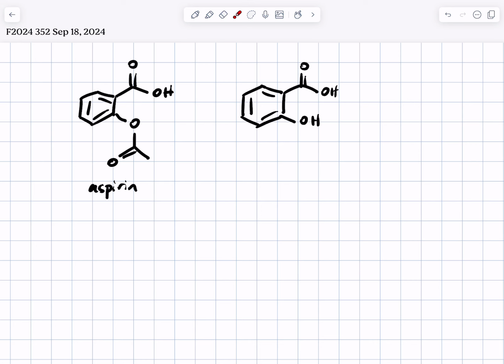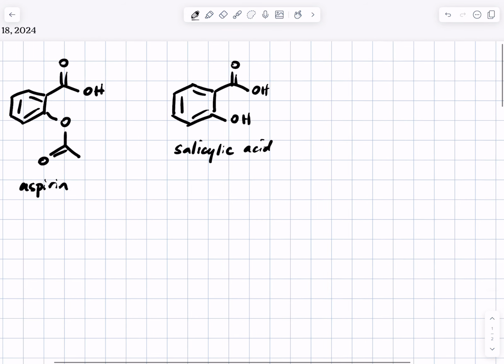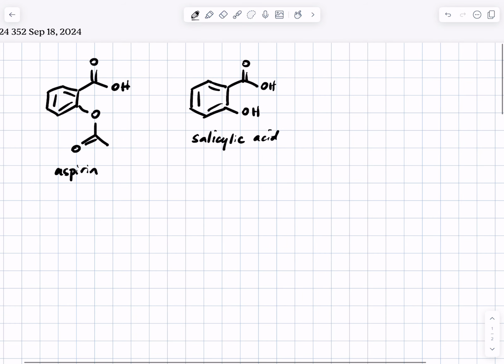This is called salicylic acid. It's actually used in some skincare products for various purposes, but it's also a painkiller. You can isolate it from a plant called meadowsweet, and another plant, willow bark, contains a compound that's also structurally related, but not quite the same.